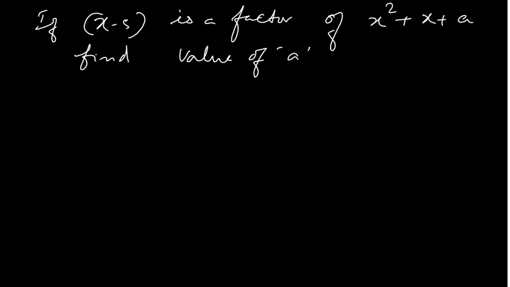I have not given f of x equals x squared plus x plus a, but I think you can understand that. I have not said this is f of x, but that's f of x.